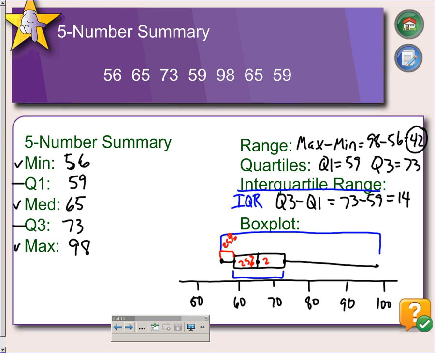And the right side of the box is another 25%, even though the two sides are not the same length. And this whisker on the right, that's 25% of the data. So the box represents the middle 50%. Okay, and that's where we're going to stop on this first video.